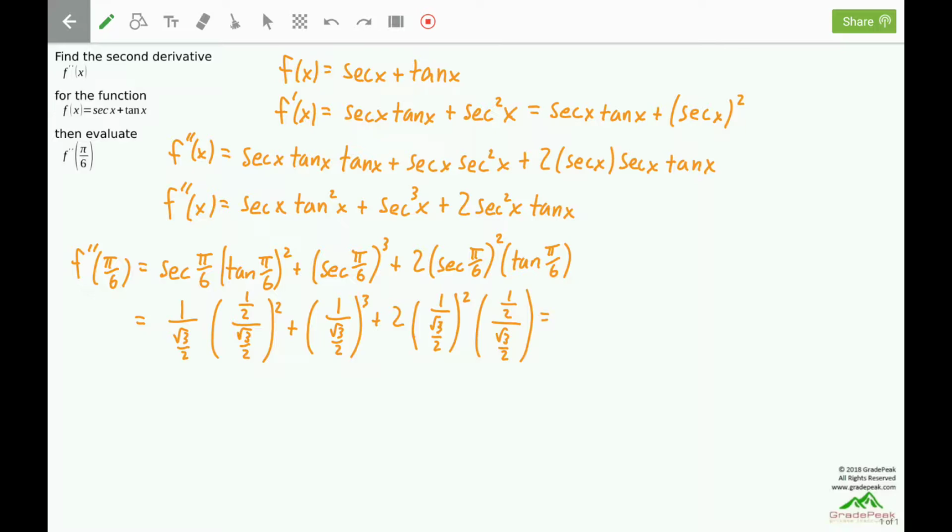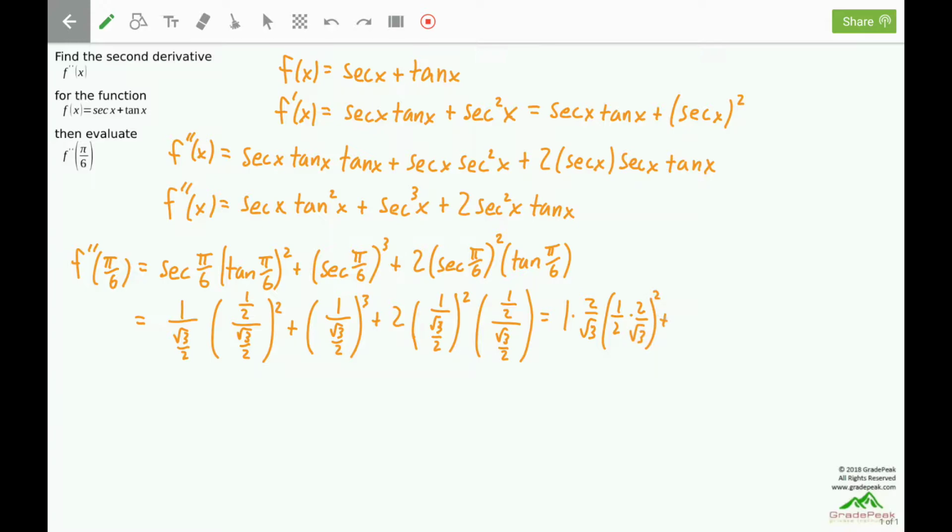Now all these fractions within fractions, we can reciprocate the denominators and multiply with the numerator. So we have that first one here will be 1 times 2 over root 3. And then that will be times 1 over 2 times 2 over root 3 squared.